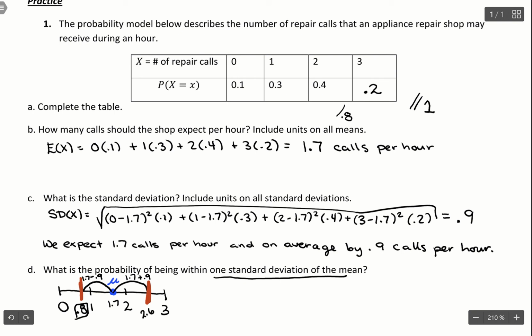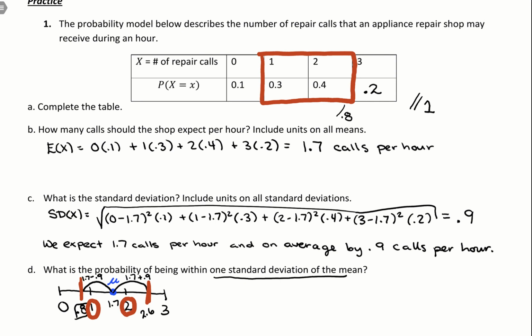Now with our probability model, we have these discrete cases. We can have 0, 1, 2, or 3. We can't see these decimal cases. So to be within 1 standard deviation of the mean, really we just want to see which of these cases fit that scenario. And what we can see is 1 fits in that range and 2 fits in that range as well. So because those 2 cases fit, those both match up with the idea of being within one standard deviation of the mean. So for probability, we want to add those probabilities together.